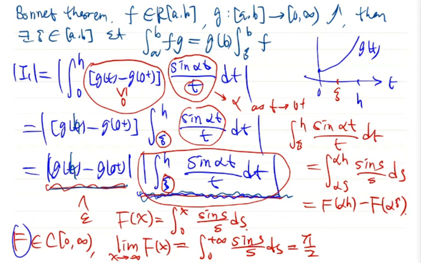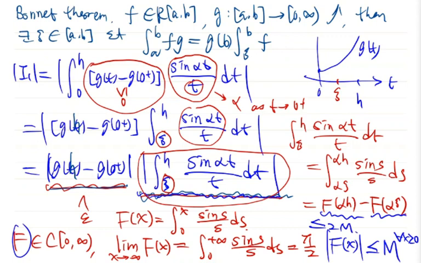There is some M such that capital F(x) is less than M for every x non-negative. Therefore the difference of these two terms will not be greater than 2M.